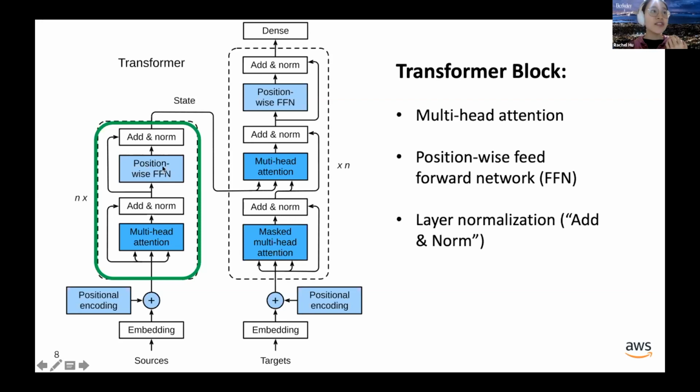In between the positional FFN and multi-head attention, there are the add and norm layers. As you can see, there are two add and norms. Those contain residual structures, like in ResNet, where you add the input in, but also apply layer normalization over all the features in the same layer. That's layer normalization. So those are the three fundamentals of the transformer block.